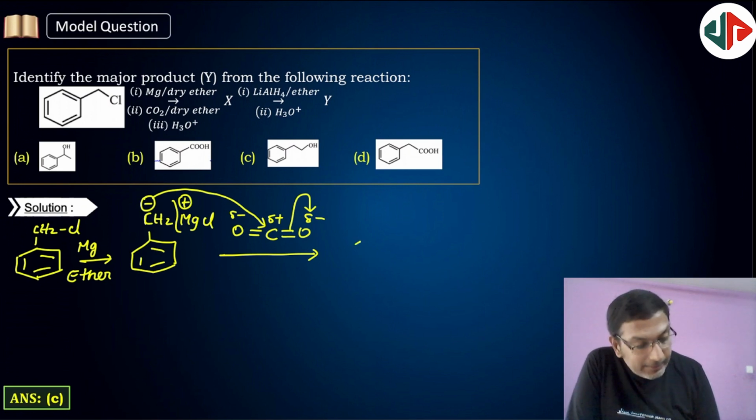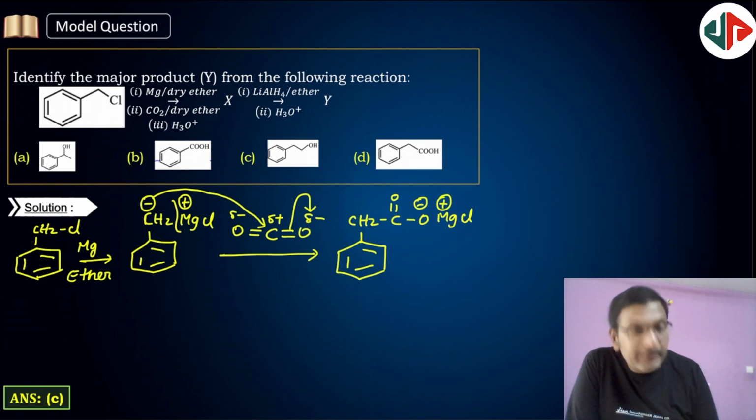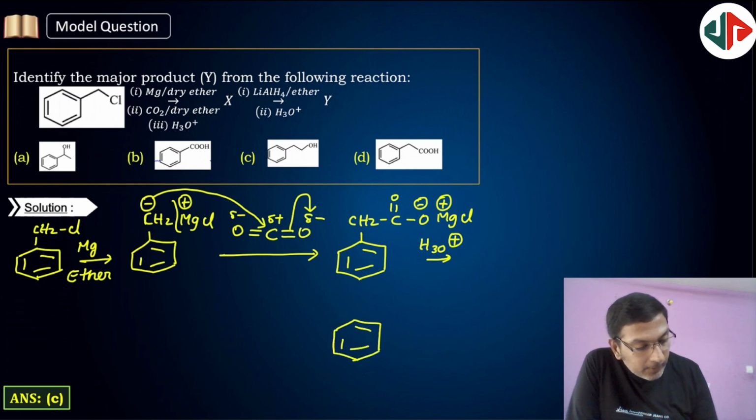Nucleophilic addition gives CH2, C double bond O minus, MgCl plus. Which on hydrolysis will give CH2, COOH.